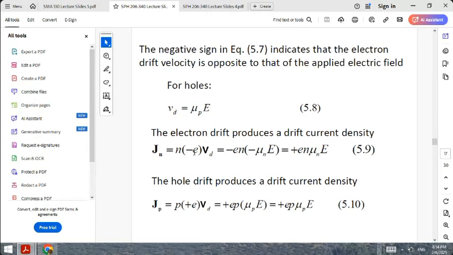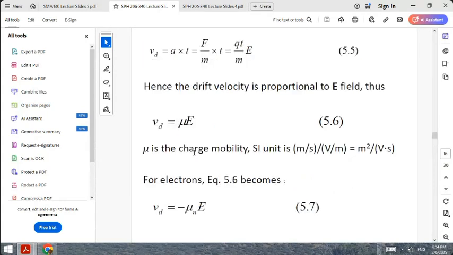For electrons, you will have n e. Please compare this; it's not difficult to see.